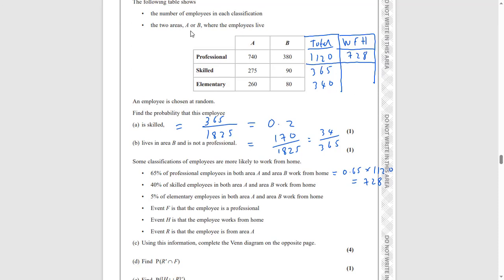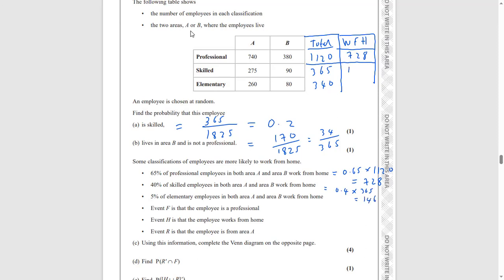Now, 40% of skilled employees in both area A and B work from home. Again, we've got a total of 365 skilled employees, so 40% of that is 0.4 times 365, which gives us 146.